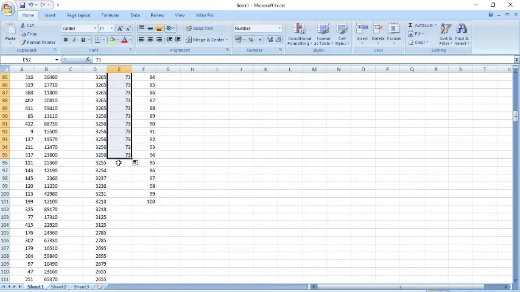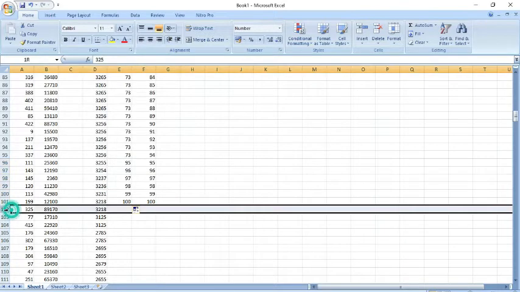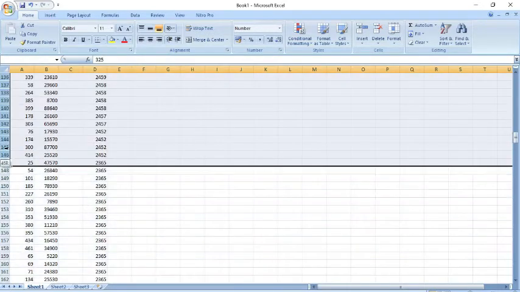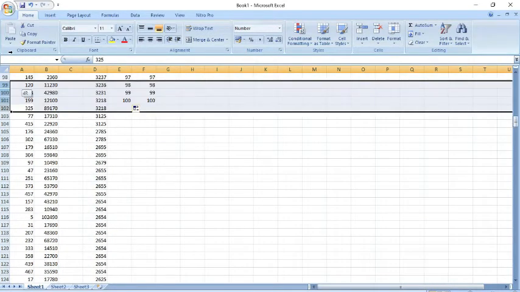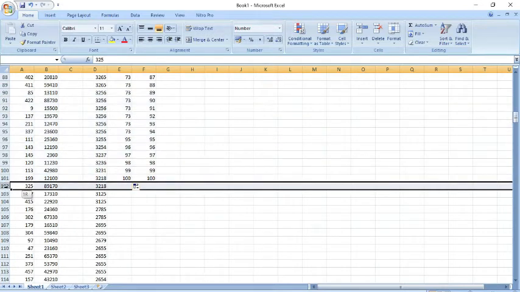Okay, now we have 95. We have 96. There are no repetition of numbers again, so definitely to 100. Now actually we want to deal with 100 data.